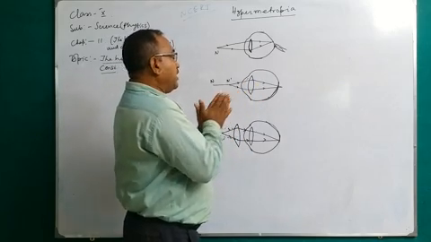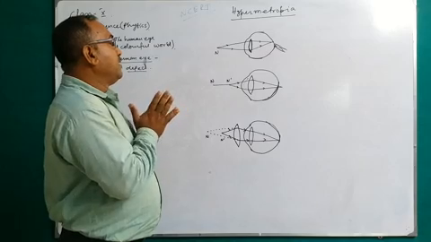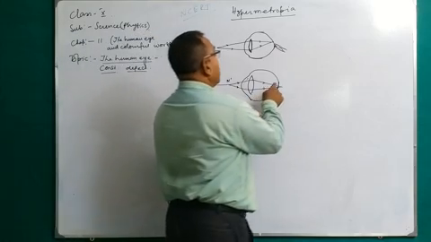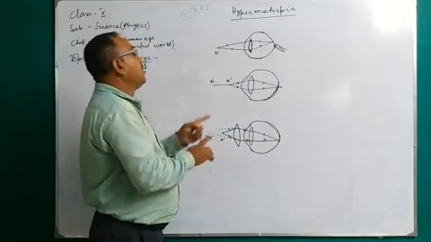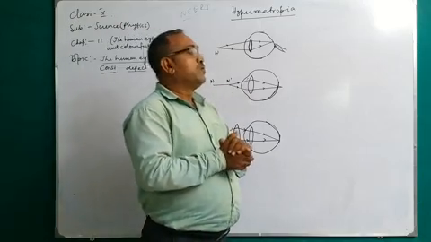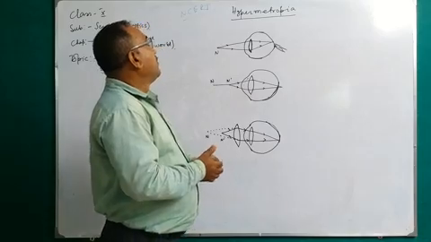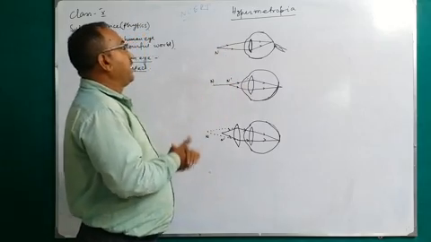So if the rays are diverted, then the image will form on the retina. Diverted means divergent lens. So with the help of the divergent lens, we will correct the myopic eye. Am I clear?